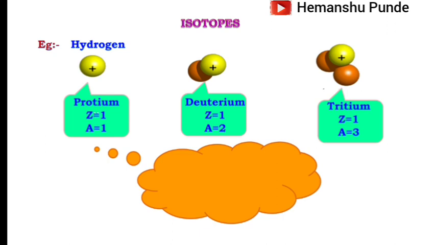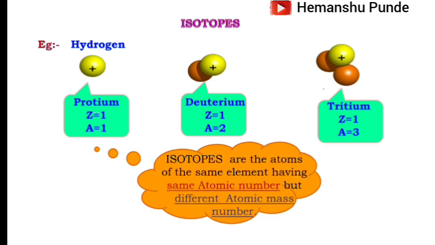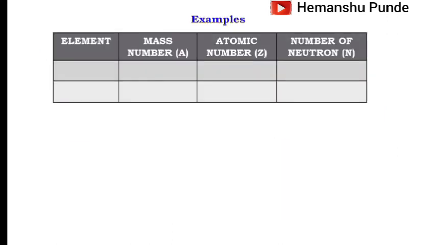If you look carefully, all the 3 isotopes have Z equal to 1, but different A. So isotopes means the elements which have the same atomic number, again I am saying same atomic number but different mass number. Isotopes are the atoms of the same element having same atomic number but different atomic mass number.